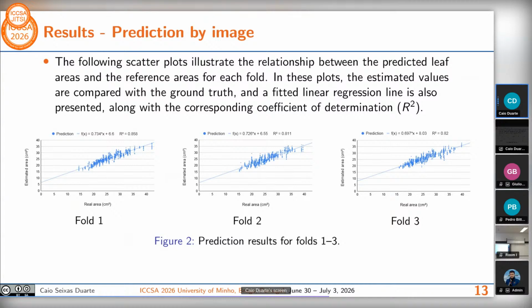We can observe that all folds show a consistent linear relationship between the estimate and the reference values. Fold 1 achieved the best performance, followed by folds 3 and 2. It's also possible to note some vertical groups of points, indicating that the same leaf may present small estimation variations under different image acquisition conditions.